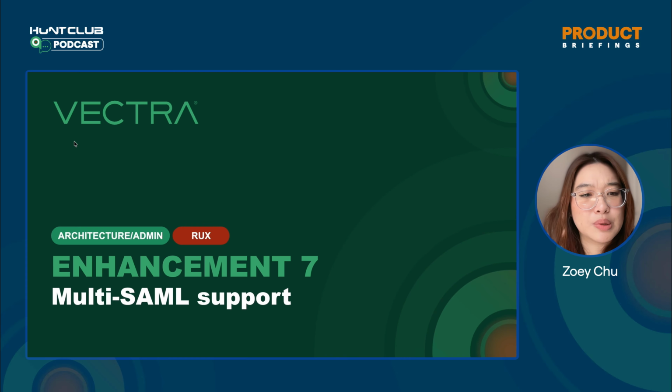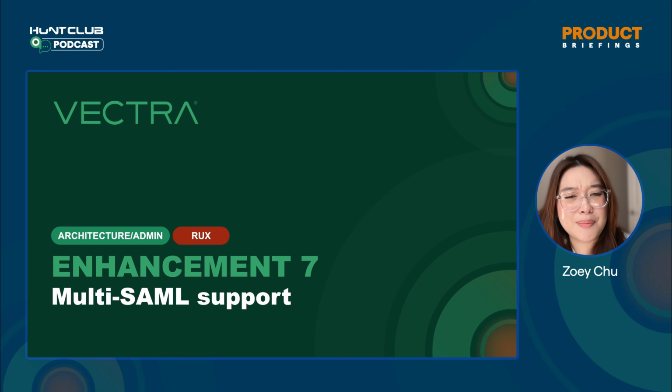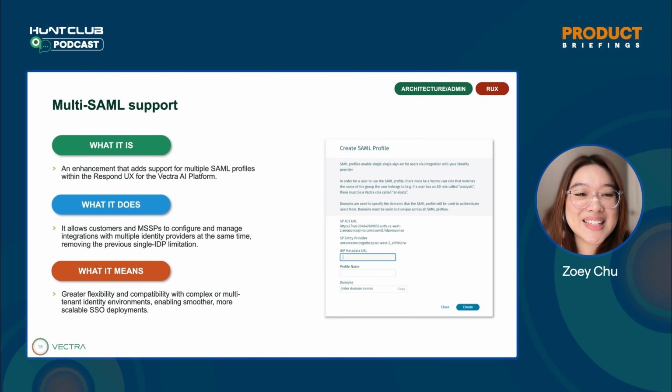I think this is our last one here, maybe. Oh no, there's one more after this. But we have multi-SAML support. What this is, is support for multiple SAML profiles within the Respond UX. It allows customers and MSSPs to configure and manage integrations with multiple identity providers at the same time, and that removes the previous single IDP limitation.